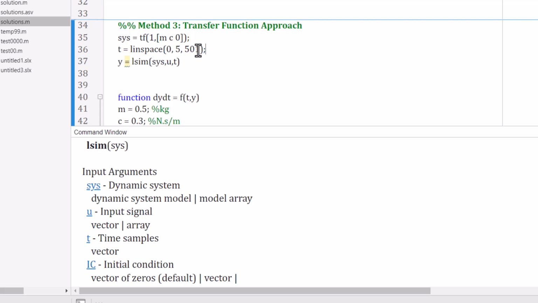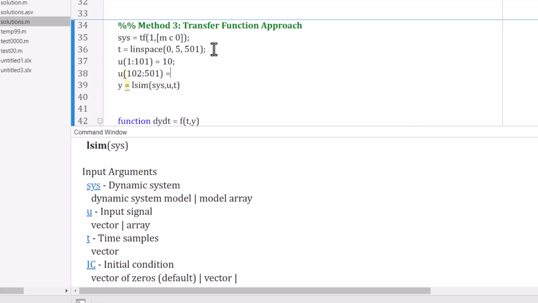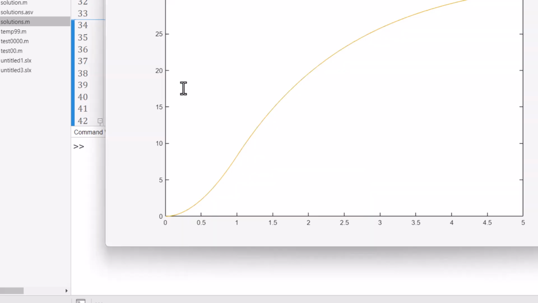Okay. And how about u? For u, from the first until 101, it is equal to 10 newtons. And for u from 102 all the way to 501, it is equal to 0. I terminate it and press F5 to see if I see any errors.